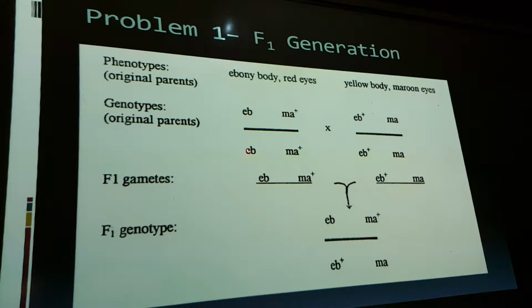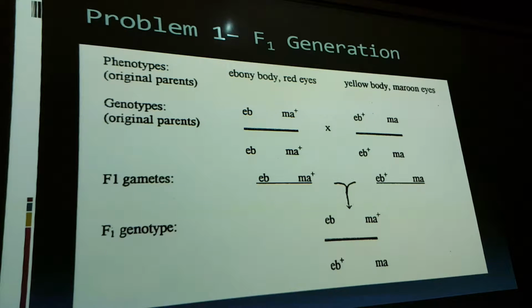So we're taking ebony body, red eye, and what's the other body color? Yellow body, and that's the dominant one, maroon eyes. Okay? And so top of the left and the bottom of the right gives you that. And the bottom of the left, top of the right also gives you that.